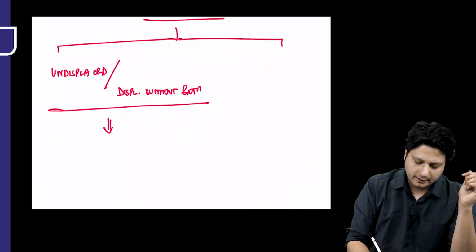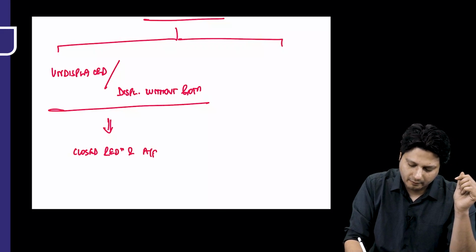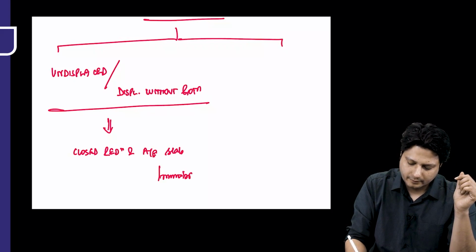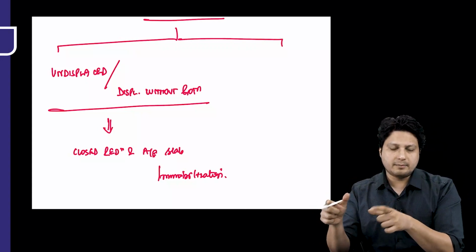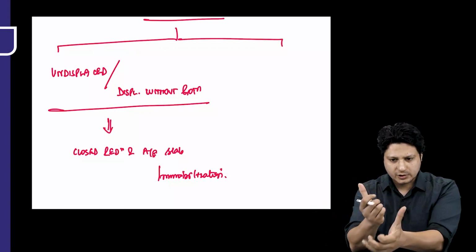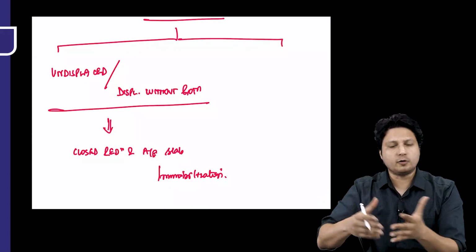That means closed reduction and above elbow slab immobilization. Alright, so this can be managed conservatively. You need not fix the fractures because there is no rotational abnormality. You just have to reduce it and put it inside the slab for a period of 3 to 4 weeks.